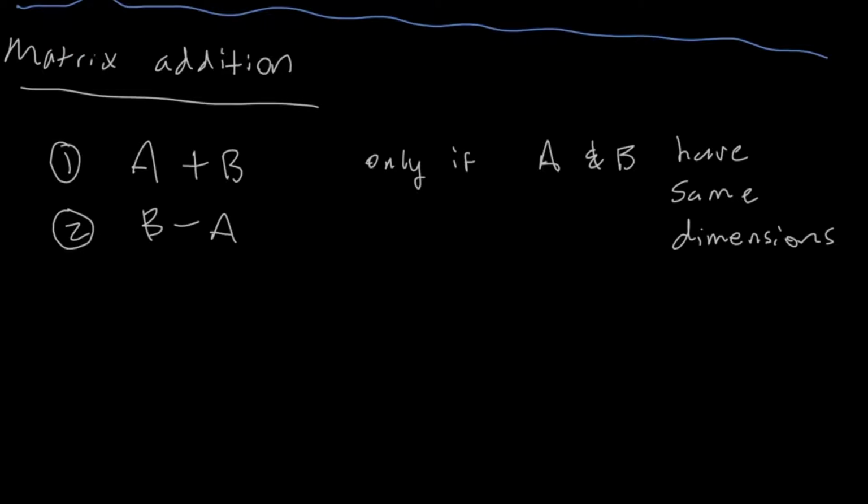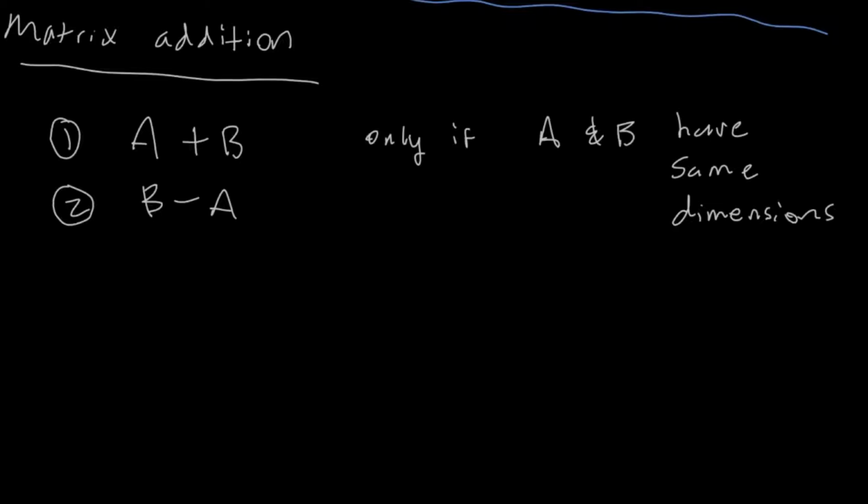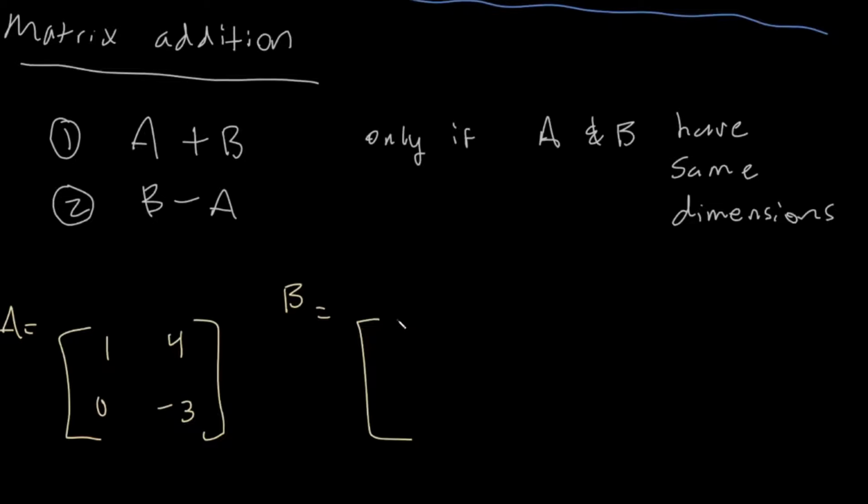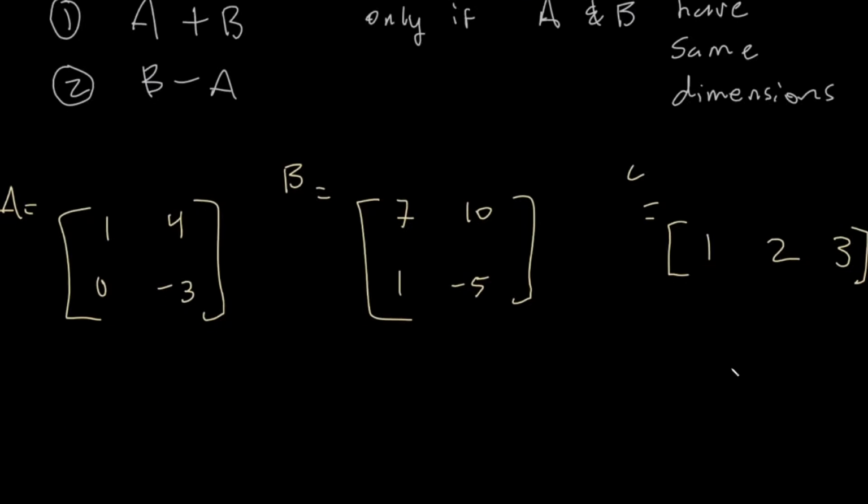Let's try adding them. So I'm actually going to write 3 matrices. So let's write A. I'll make it 2 by 2. Let's write B. And C. Alright, so let's just use what I had from earlier.